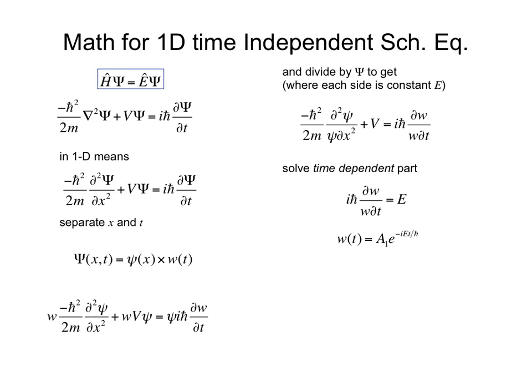We recognize that the solution to this differential equation is simply an exponential, where in the exponent we have energy divided by i h bar, or e to the minus i energy over h bar times time. And we have a constant of integration we will call A1.